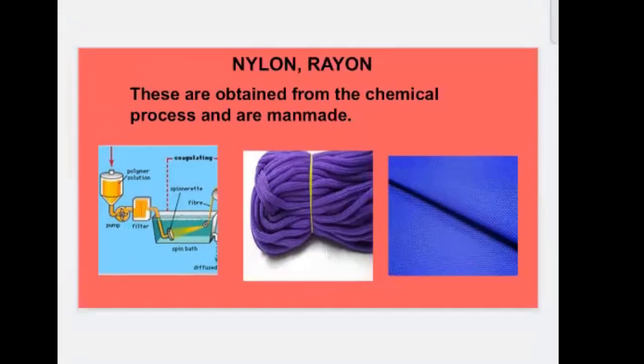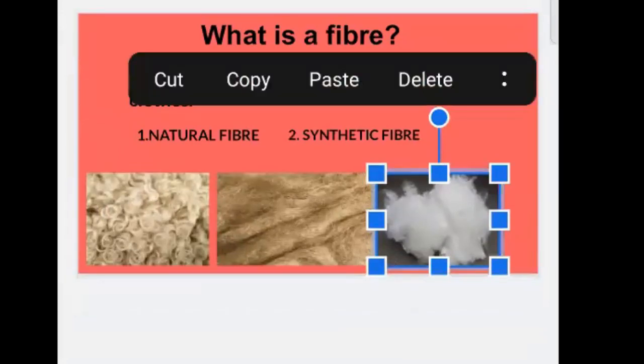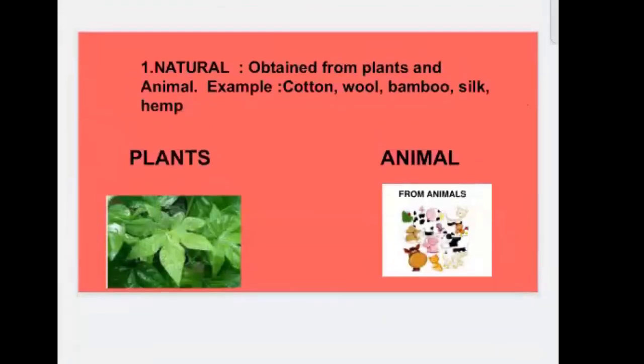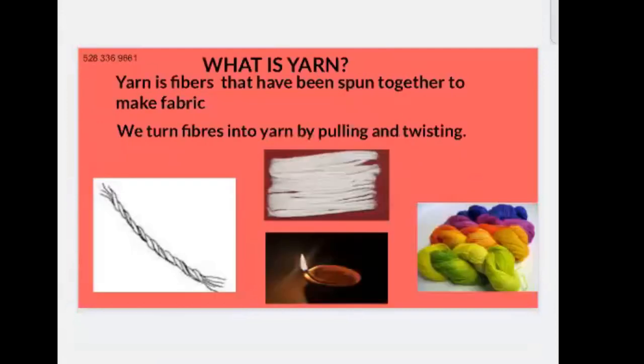Now, what have we seen till now? We have seen fibers. What are fibers? Then we have seen the kinds of fibers, natural fibers and synthetic fibers. After that, we have seen yarn, how yarn is made, and the process involved in making yarn.